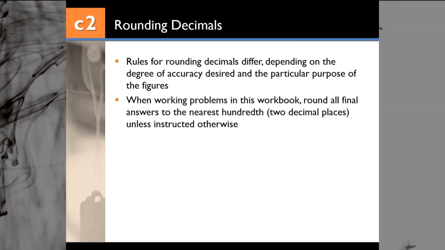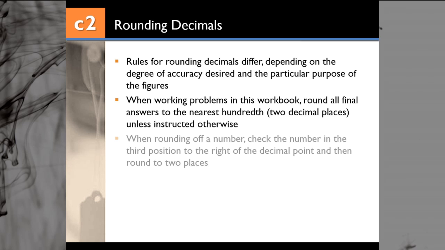When working problems in this workbook, round all final answers to the nearest hundredth. That means 2 decimal places, unless instructed otherwise, but more likely you're going to have the final number with 2 decimal places.